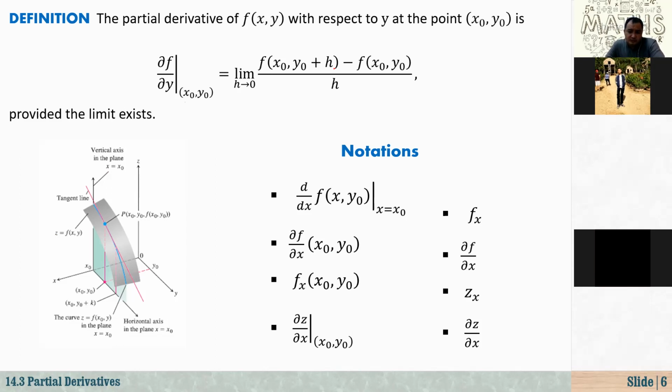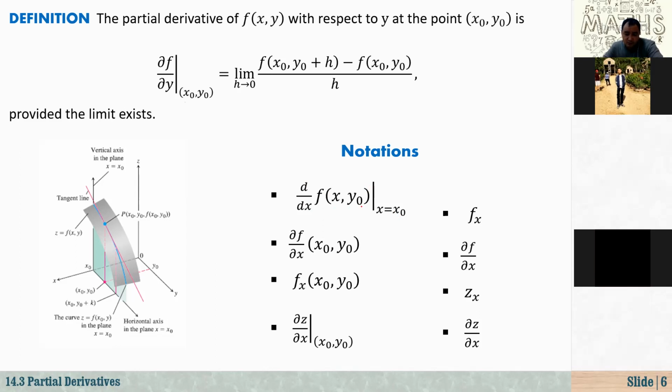Before we move to the examples, let's talk about notations, and some different ways you can use these notations to represent the partial derivative of the function. The first one is d dx. It looks like an ordinary derivative, but here we have f of x, y sub 0, because y sub 0 is constant here, right? And here we have x equals x sub 0. That means that we are differentiating this function with respect to x, evaluating its value at x equals x sub 0.